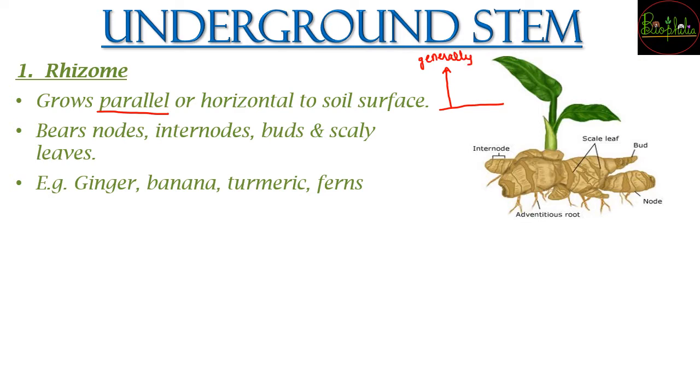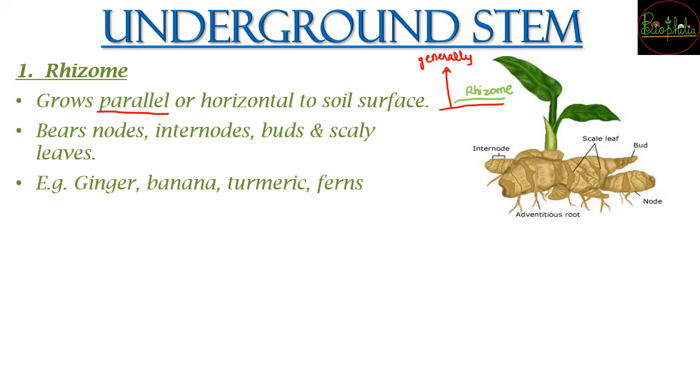But whatever happens in the case of rhizome is not going to be the same. Rhizome के case में the stem is going to start to grow horizontally or parallel to the soil surface. So this is the type that happens in rhizome. So if you can see up here in the photograph, that is ginger.